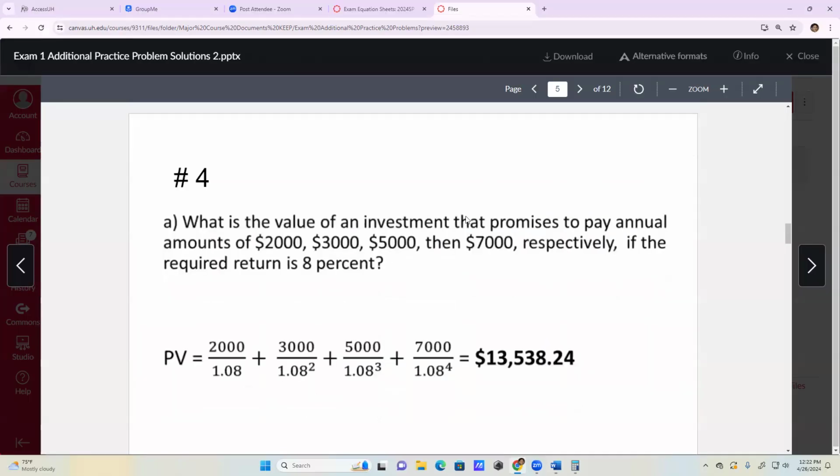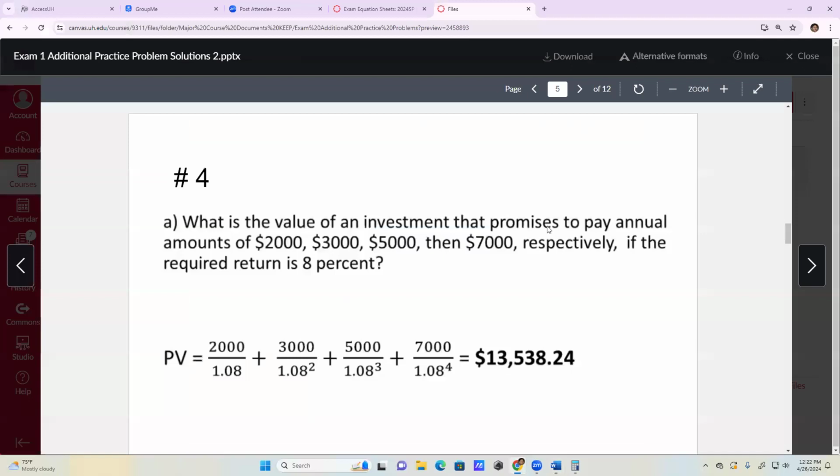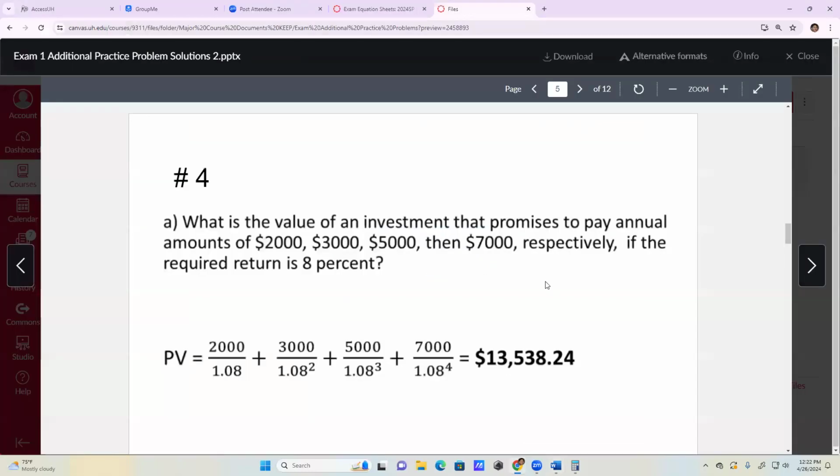It gives you, let's say, annual amounts of 2,000, 3,000, 5,000, 7,000, right? So you just gonna copy that across. Always from the beginning gonna be year 0, and year 1, year 2, year 3, year 4.